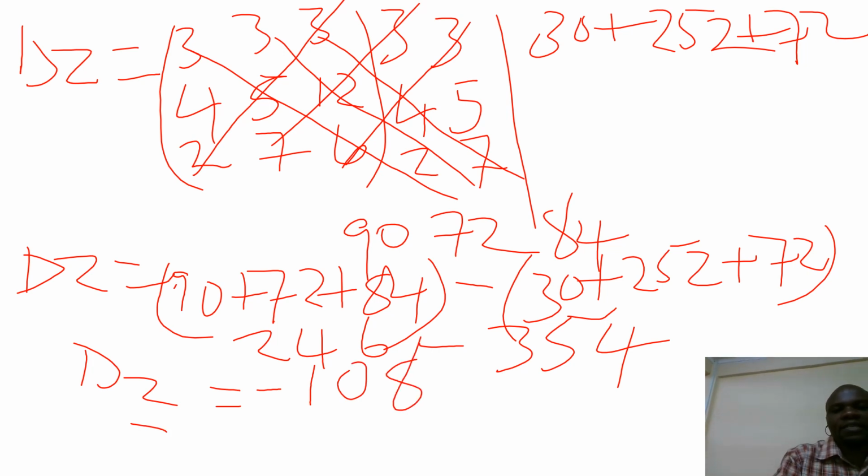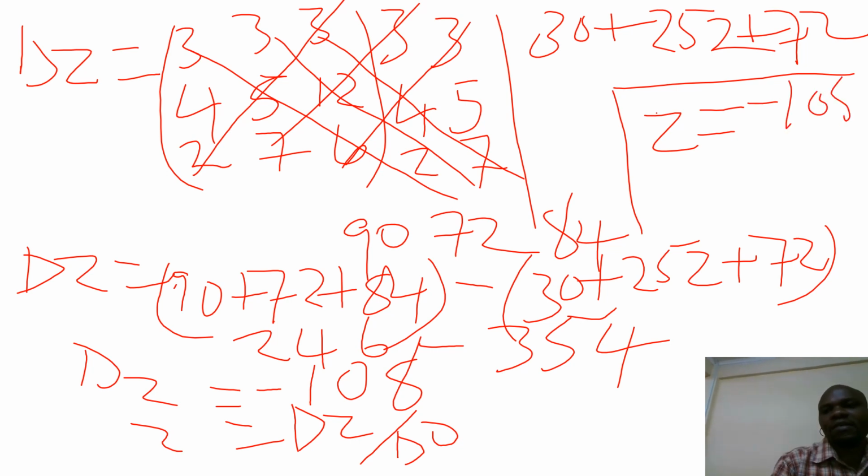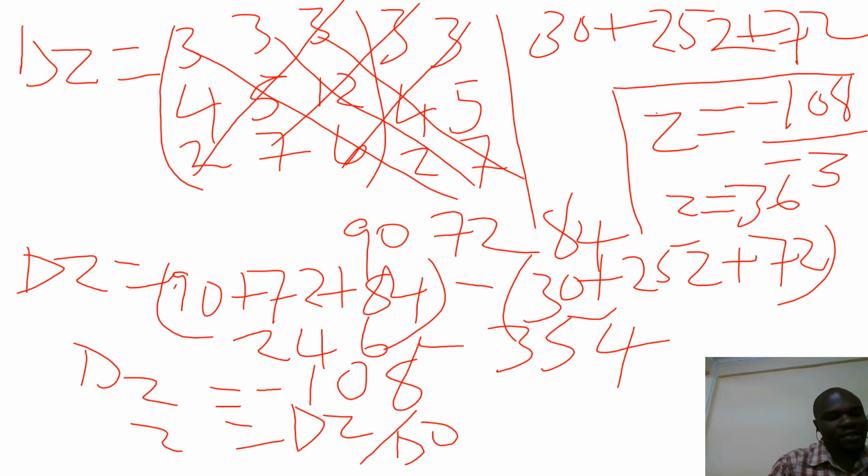So I know my z will be given by dz divided by do. So in that case, I'll have my z being equivalent to negative 108 divided by negative 3, which is equivalent to, my z is equivalent to 36.